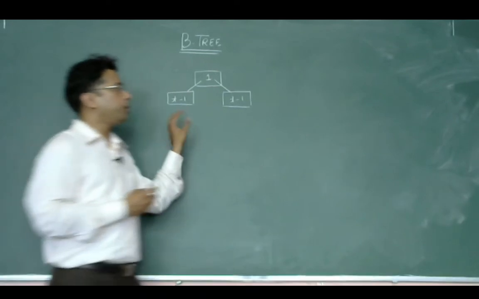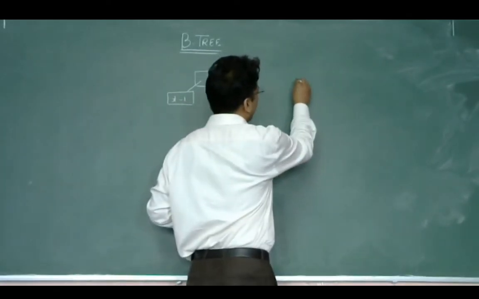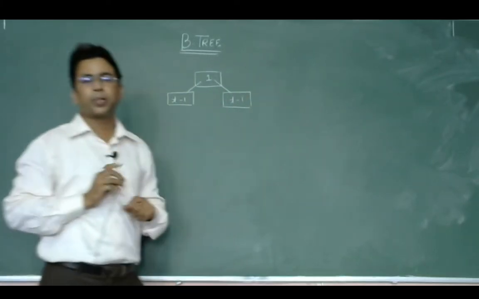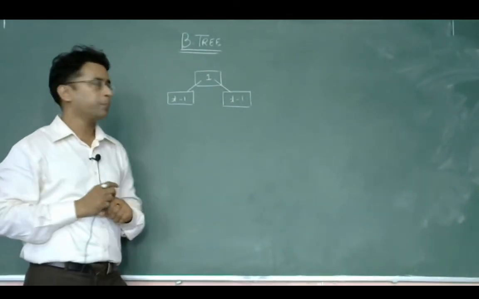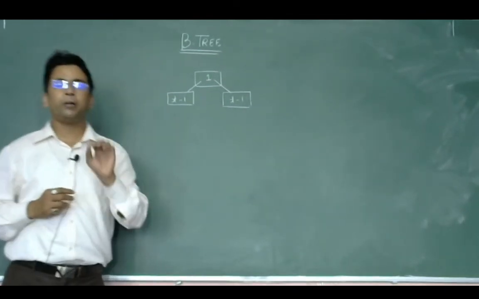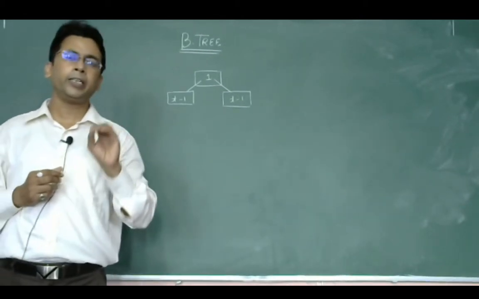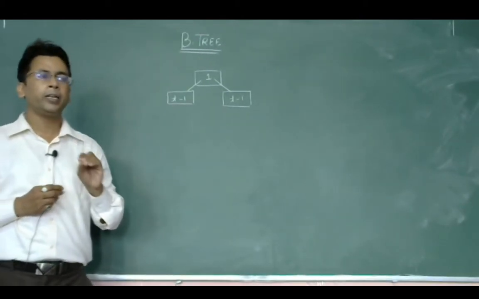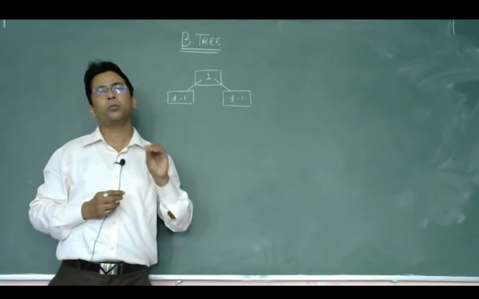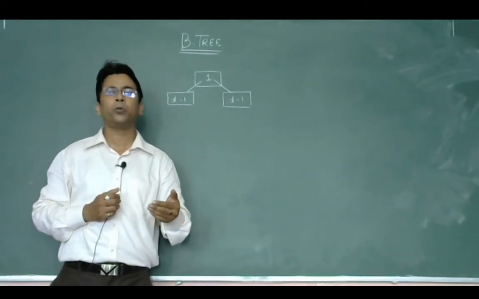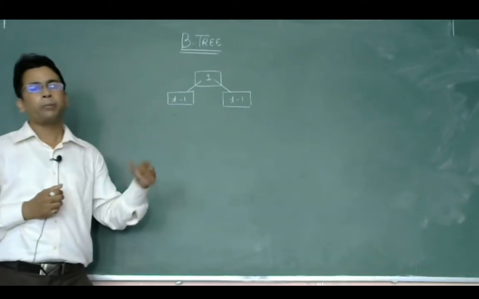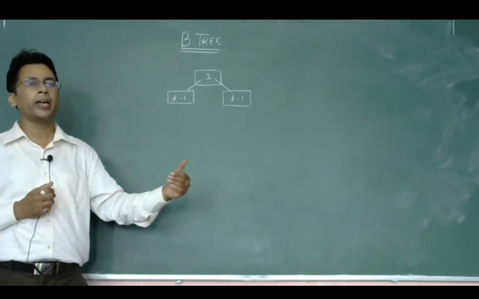Suppose for example we define a B tree of degree t. So t is called the degree of the B tree, and by considering the degree t, we can determine how many elements it could have. It gives us the minimum number of elements a node can have and the maximum number of elements a node can have.